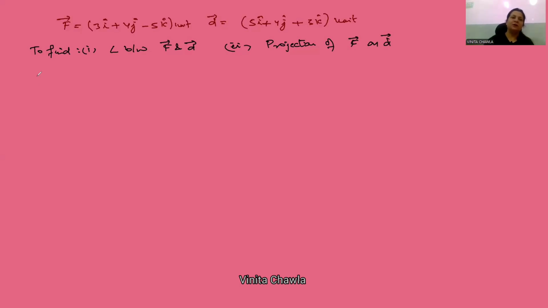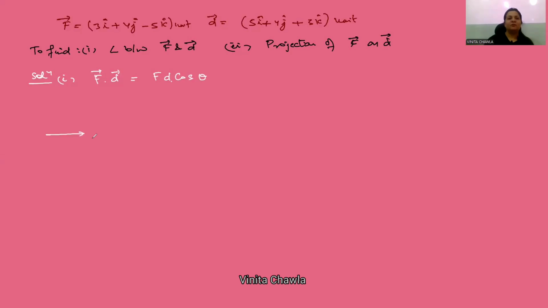Let's start with the first part. It's easy. We have to find the angle between these two vectors, and we know that if we take the scalar product of two vectors, we can write the magnitude of the first vector, the magnitude of the second vector, multiplied by cos of the angle between the vectors, right?